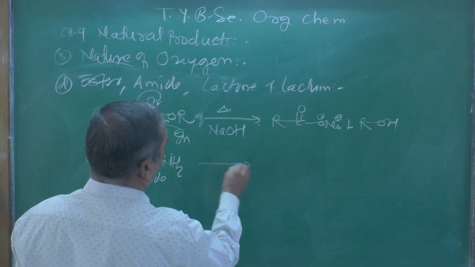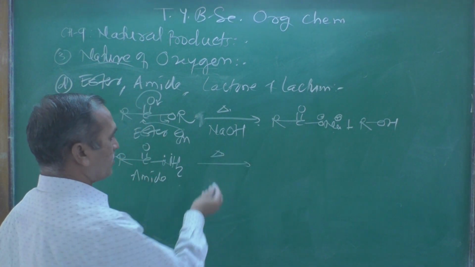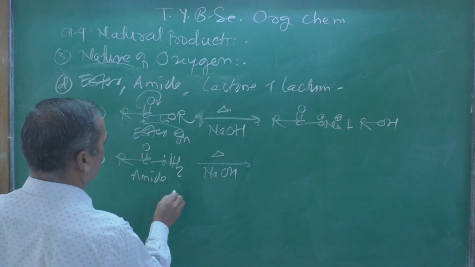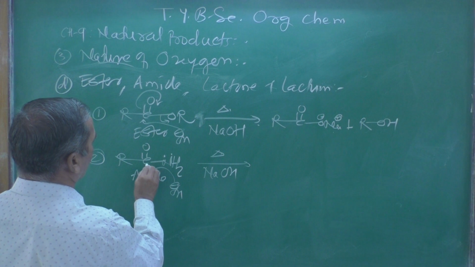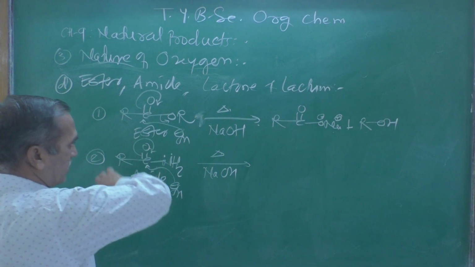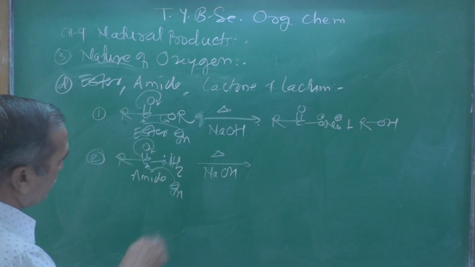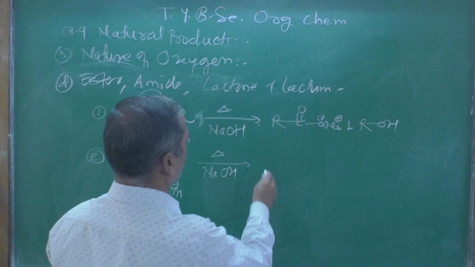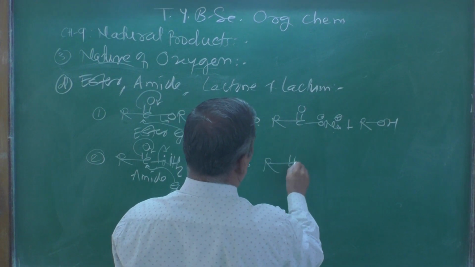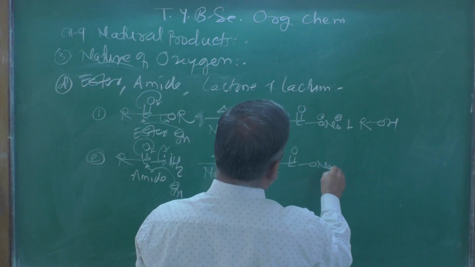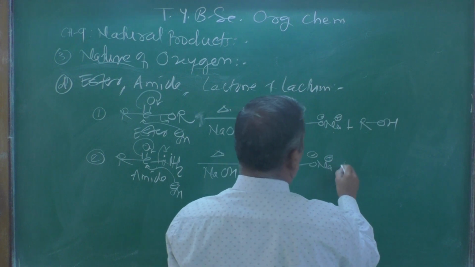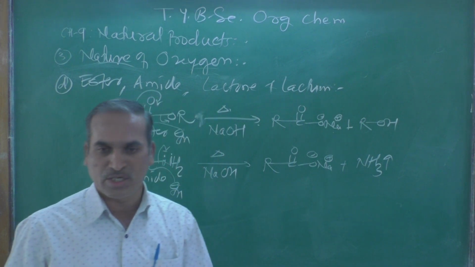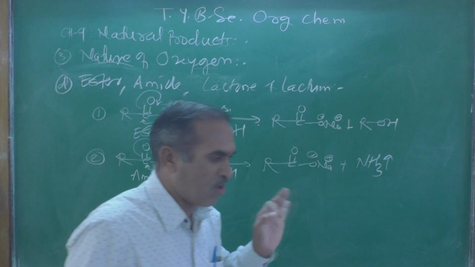Now again boil it or reflux it in the presence of sodium hydroxide alkali. What will the alkali do over here? OH minus is going to attack the carbonyl group. The electrons shift toward the oxygen atom and there is an evolution of ammonia. So you are going to get once again RC double bond O with O minus Na plus, and NH3 is released. Until then there is still a smell of ammonia.